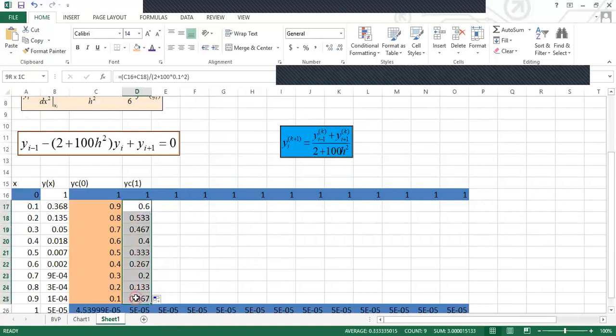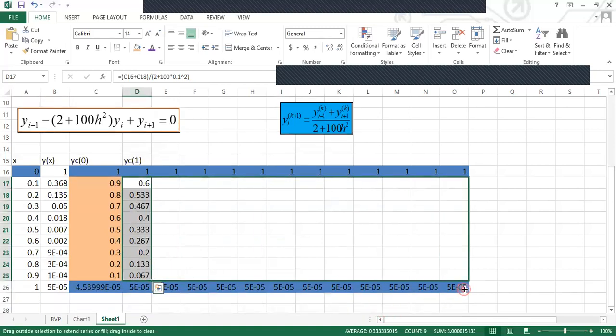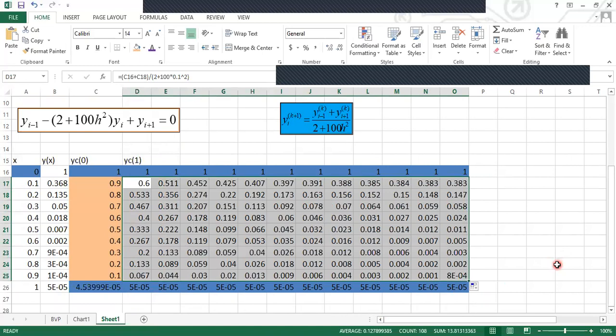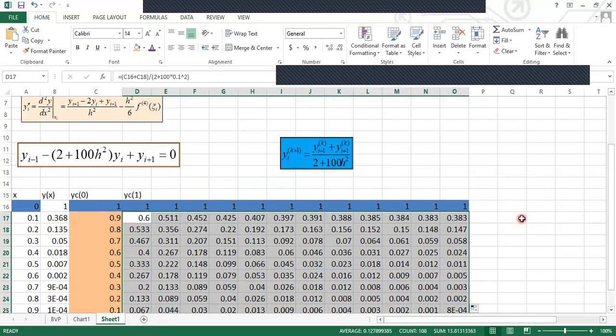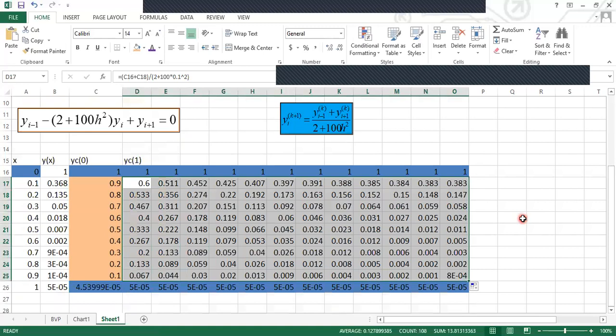So in Microsoft Excel, on similar lines, if you want to extend or continue iterations, you have to accordingly drag the solution domain, and that will generate the solution. So let's see whether the solution has converged up to these many iterations.